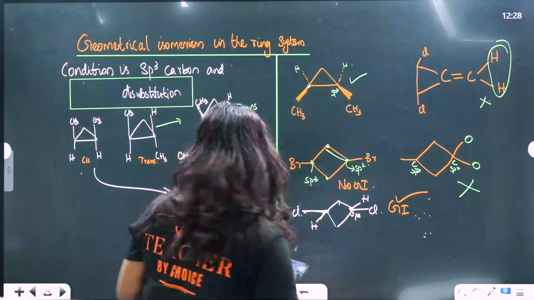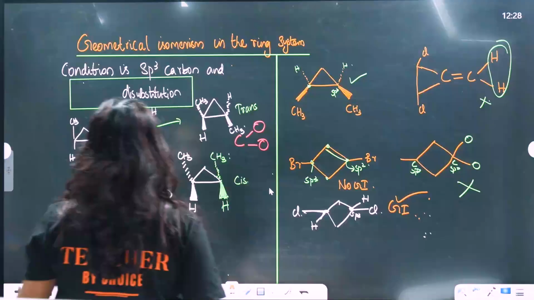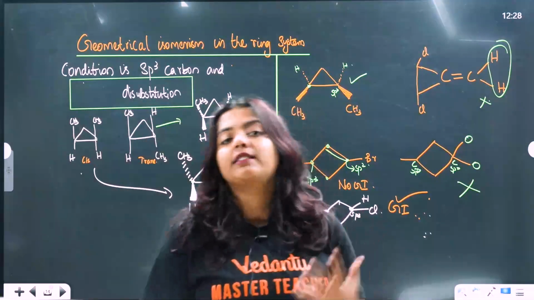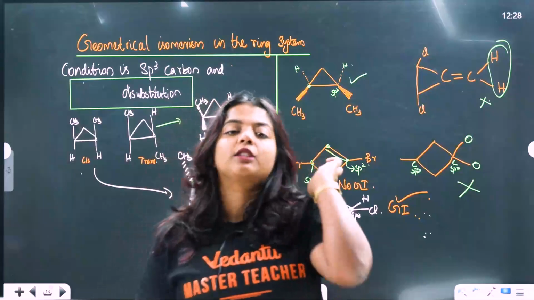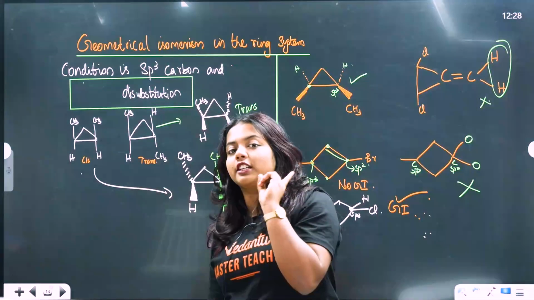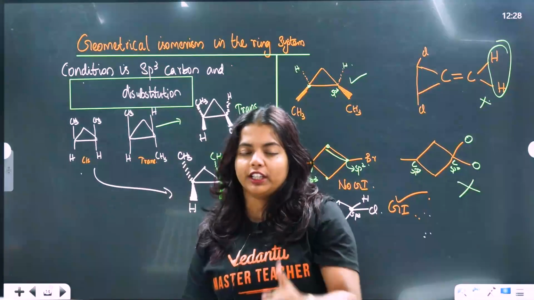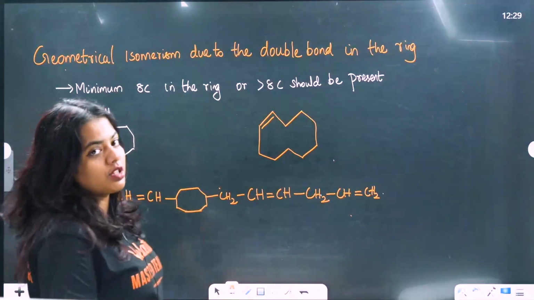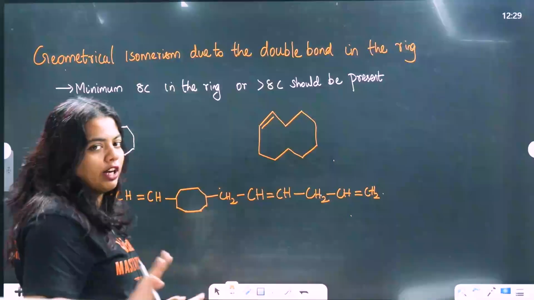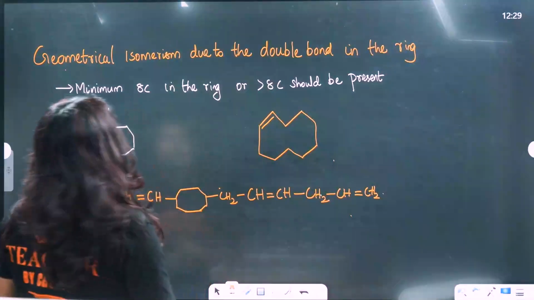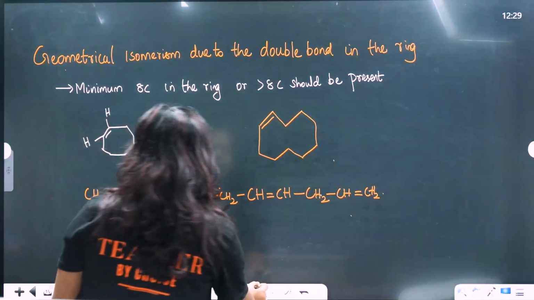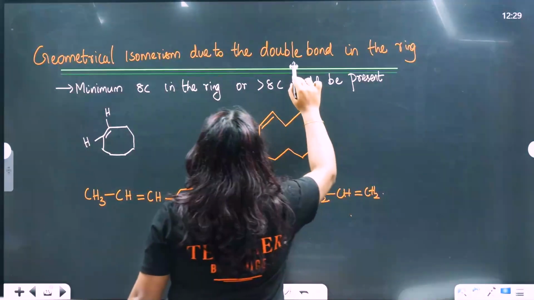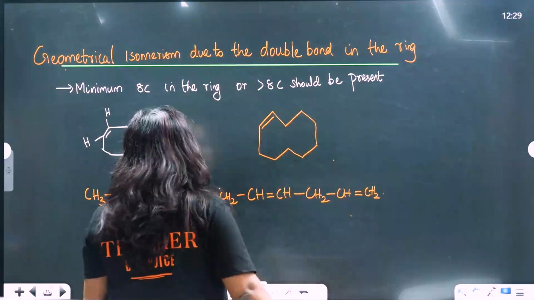Now next topic. In a ring system, it should be an sp3 carbon and di-substituted. Another point is the double bond: they should have 8 electrons, so the double bond in the ring should have 8 electrons. Now how does geometrical isomerism arise due to a double bond in the ring? It is a small topic that I thought I could explain better.